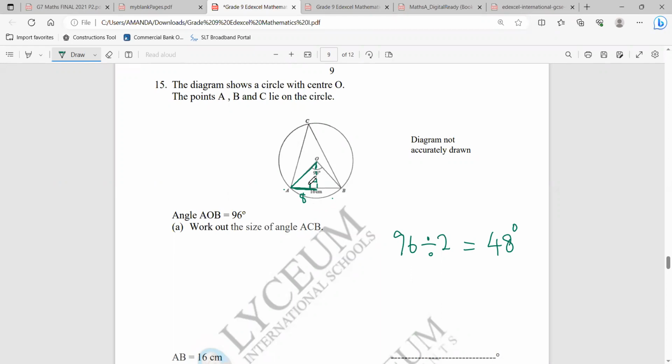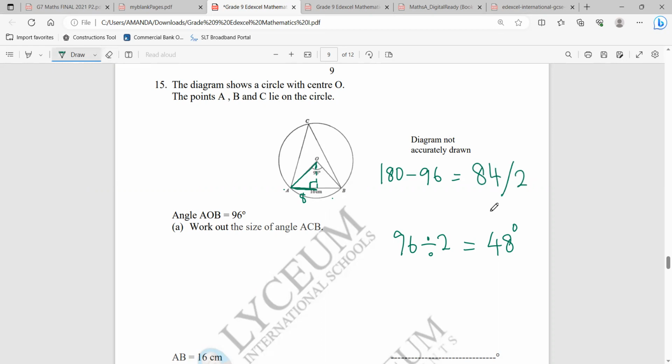Since this is an isosceles triangle, I can find angle A and angle B. 180 minus 96 is 84.